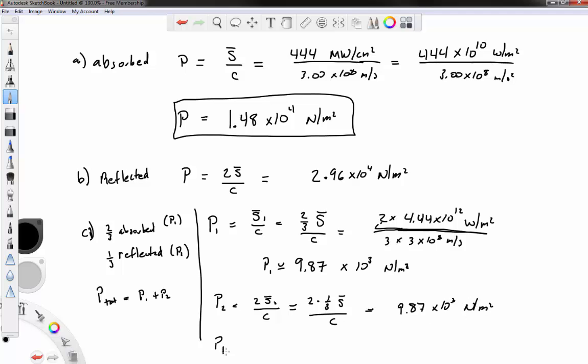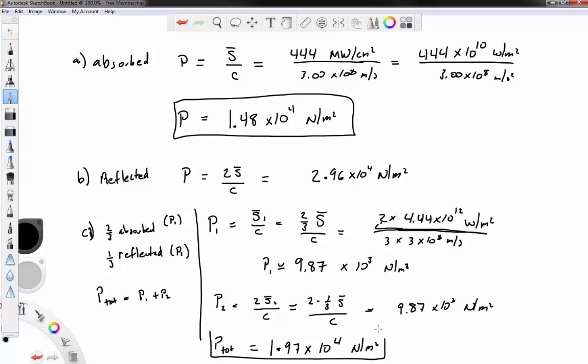And so P total, the sum of these two, is going to look like basically 9.87 times 2 times 10 to the 3. If we multiply this 9.87 times 2, you end up getting 1.97 times 10 to the 4 newtons per meter squared.